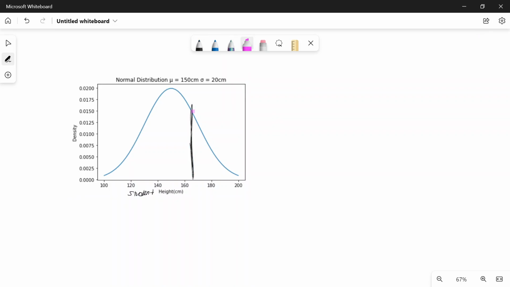So basically they want this area inside the curve. That's the area or the proportion of students whose height is higher than Uma's height, which is 165 centimeters. So how do we get this? Well, there's this function. It's called normalcdf.